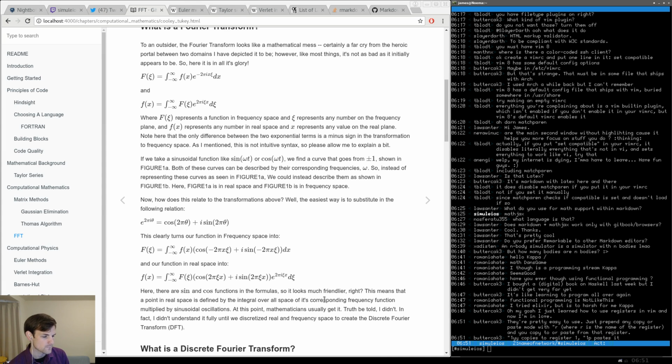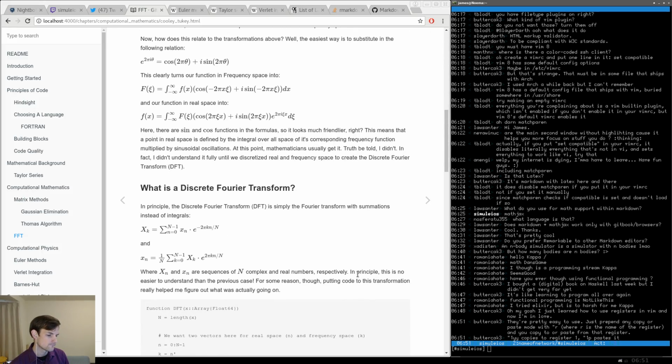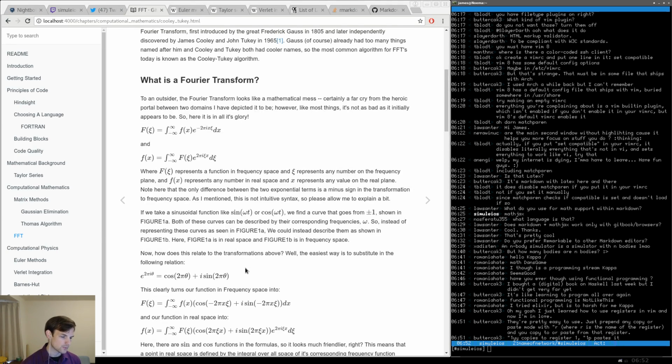Okay. Figure 1a and figure 1b. I just need two figures. If we take a sinusoidal function like sine of omega t, shown in figure 1A. The real space figure 1B is in frequency space. Yeah, okay, so literally I just need to plot these guys. And then I have figure 1A and figure 1B, which need to be updated.